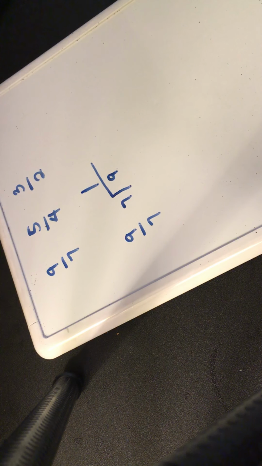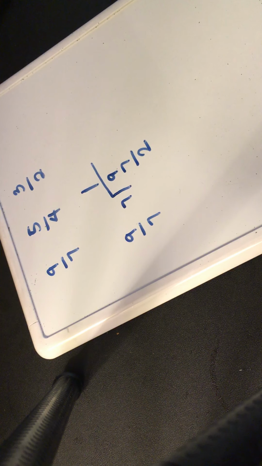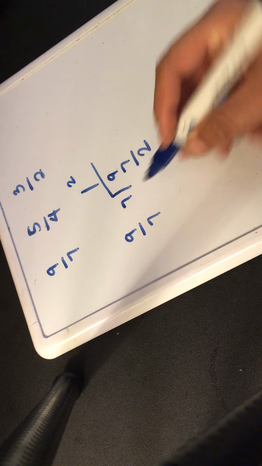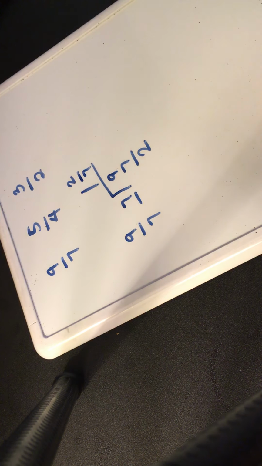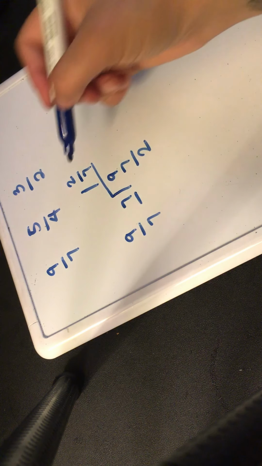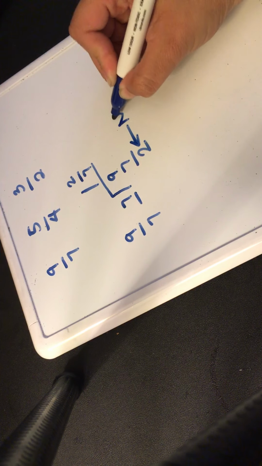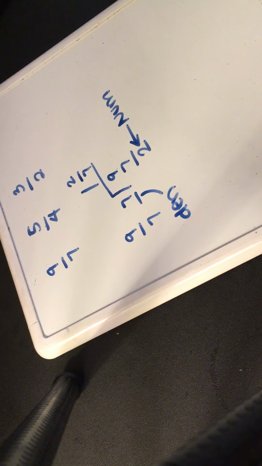That will be our whole number. Let's subtract. 9 minus 7 is 2. Now you will see a remainder. That remainder becomes our numerator, and this number, the 7, becomes our denominator. So your answer would be 1 2/7. This is your whole number, this becomes your numerator, and this becomes your denominator.